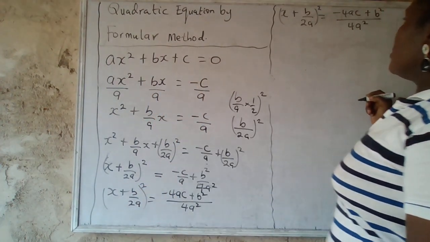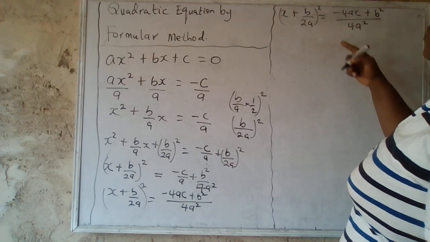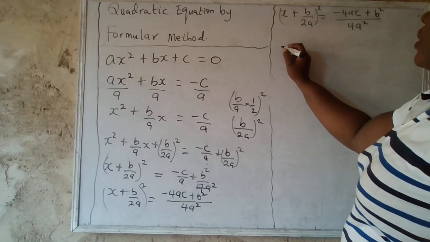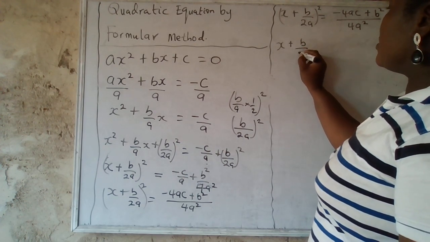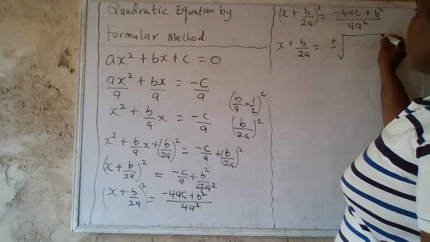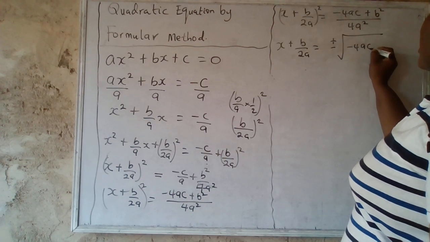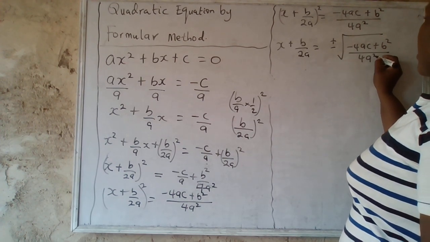Okay, so now the next step is to see what we can do to remove the square. In removing the square, we take square root of both sides, so we have x plus b over 2a to be equal to plus or minus square root of minus 4ac plus b squared all over 4a squared.